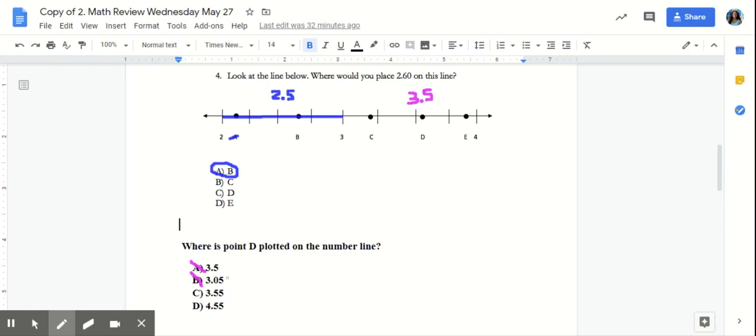We can also eliminate answer choice D because 4 55/100 would be after 4, but we know D is plotted in between 3 and 4. So our answer choice that's left is 3 55/100. So we know that that is correct.